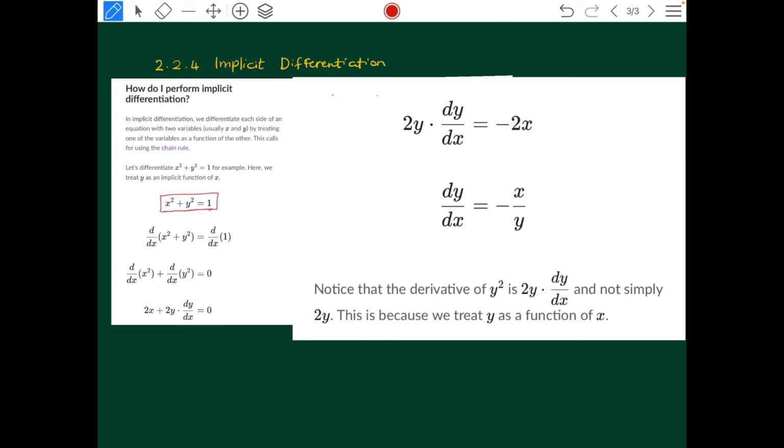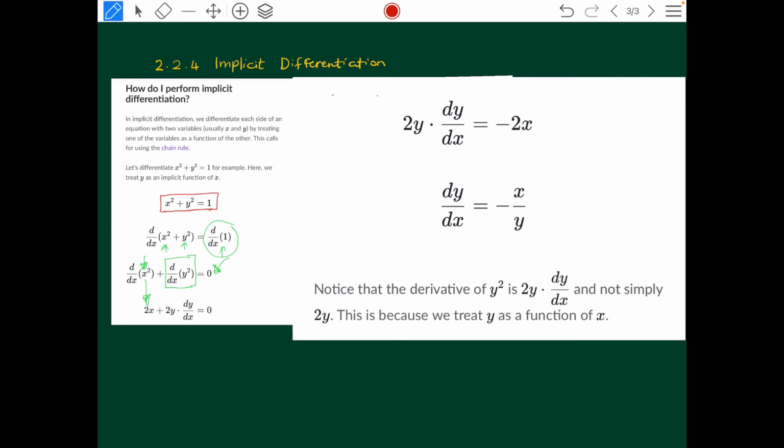Right, so we differentiate the x squared and y squared here, and also the other side of this equation, which is the 1. If we differentiate the constant, we get 0. When you differentiate x squared, you just differentiate as usual, so you get 2x. The special case is y squared, because we are differentiating with respect to x.